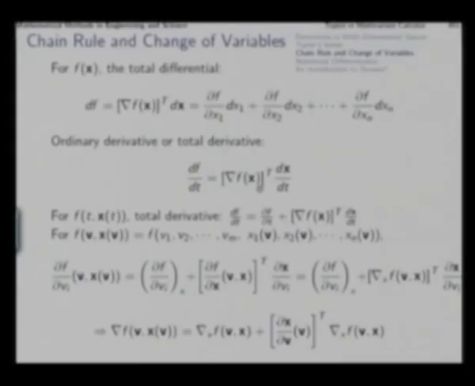Now, it may happen that f is a function of v and x, in which v is a vector variable and x is another vector variable which is again a function of v. In a similar manner to the way we worked this out, we find that the derivative of f with respect to vi has two parts.